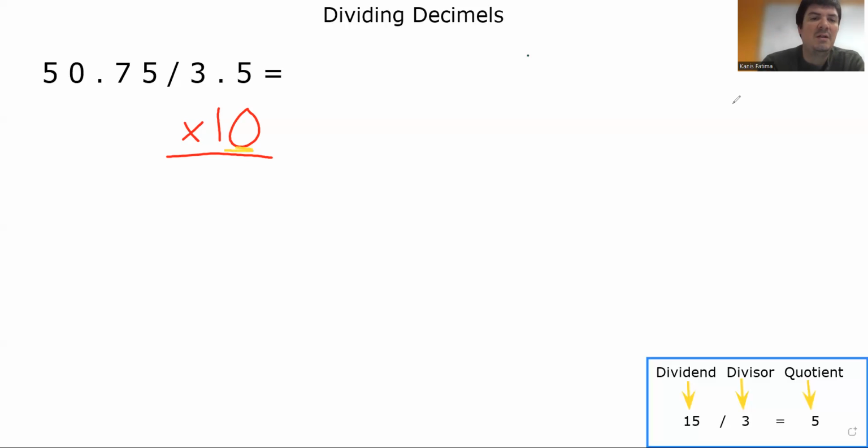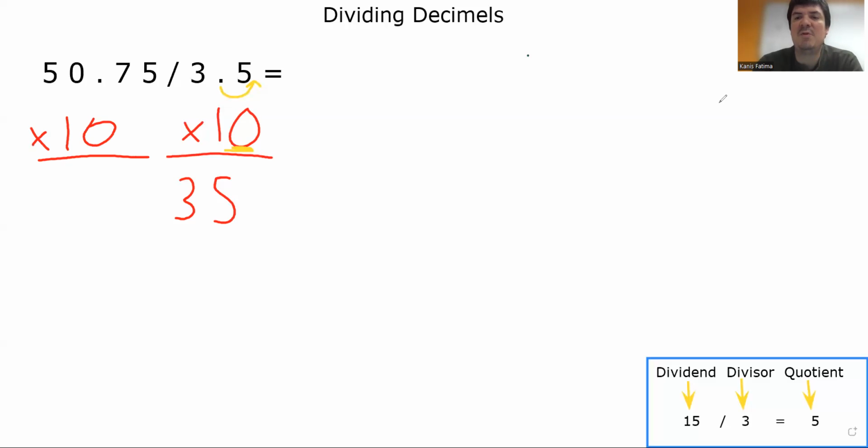So 3.5 times 10, you move the decimal over one spot to the right. So our new number is 35. Now, because we multiplied the right by 10, we also need to multiply the left by 10. So we need to multiply 50.75 times 10.